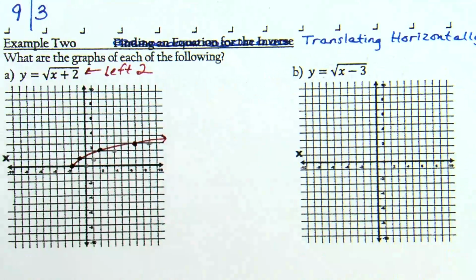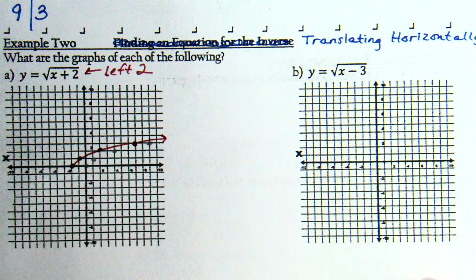What about B? y equals the square root of x minus 3. You guys aren't answering me because a lot of you are busy working on it. Right 3? The minus 3 is under the radical, so left or right, opposite the sign.